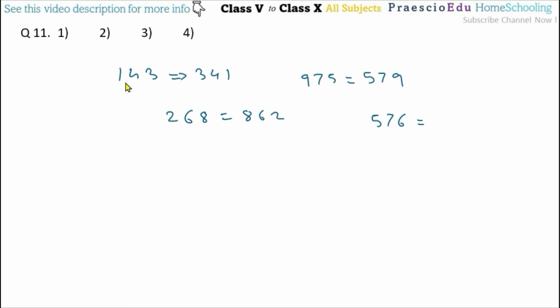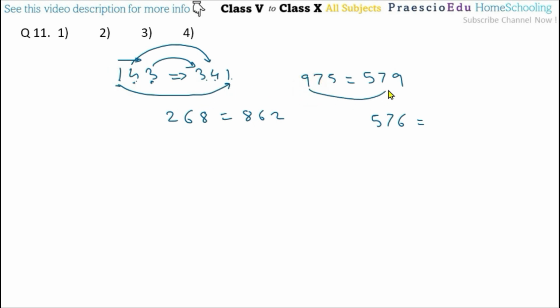If you see, the digits are the same, here 143, here 341, but the sequence is changing. The number starting from the unit place, then tens, and then hundreds. So the unit place will be converted to the hundreds place. 4 is kept the same in the tens place, and 1 is kept at the unit place, meaning the reverse formation.